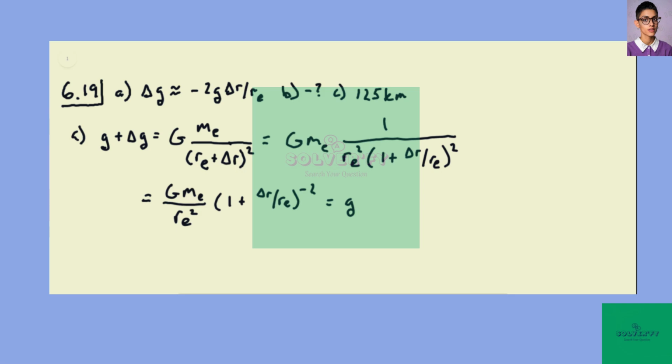Now, applying the binomial expansion, we know that we have 1 plus or minus x to the n is equal to 1 plus or minus nx plus n times n minus 1 over 2 x squared, etc. And so just keeping the first two terms in this, because we already want a linear approximation, so we only need to keep the linear term here.